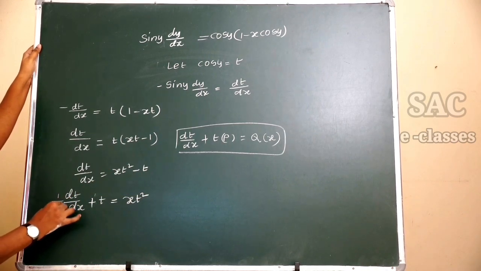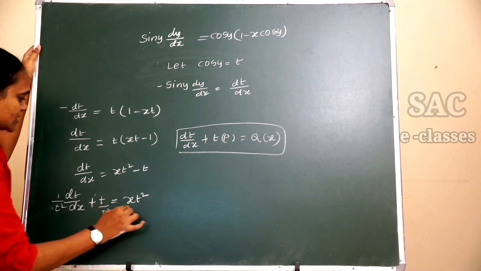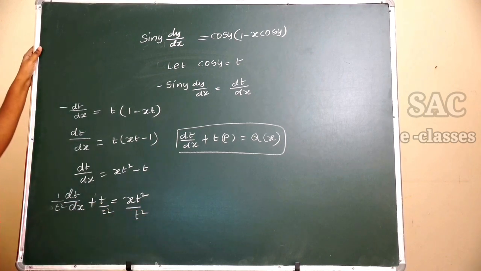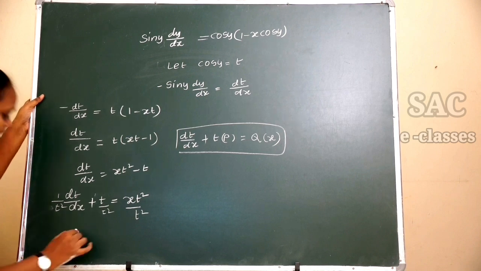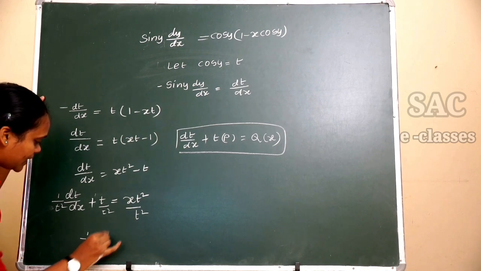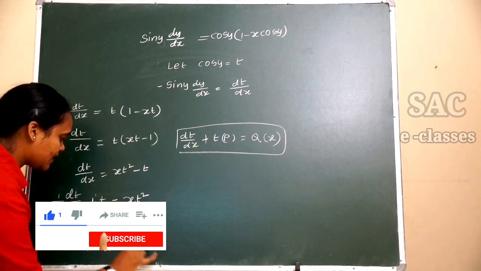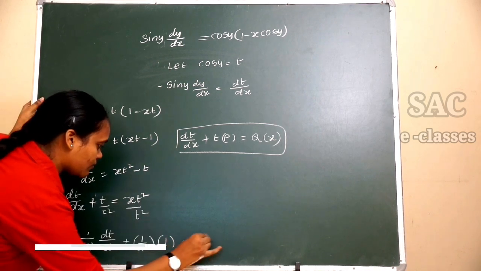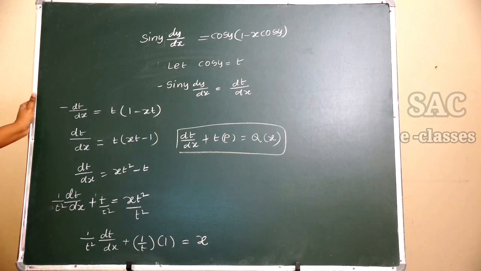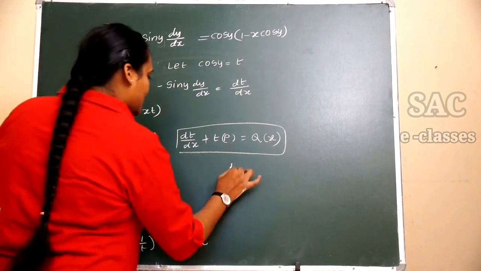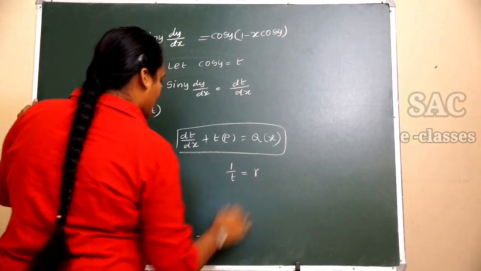So what I am going to do is divide by t square on both sides to make it purely x terms. But 1 by t square dt by dx plus 1 by t into 1 equal to x. It is not possible, it is not in the linear form. So let me assume that 1 by t is some r.